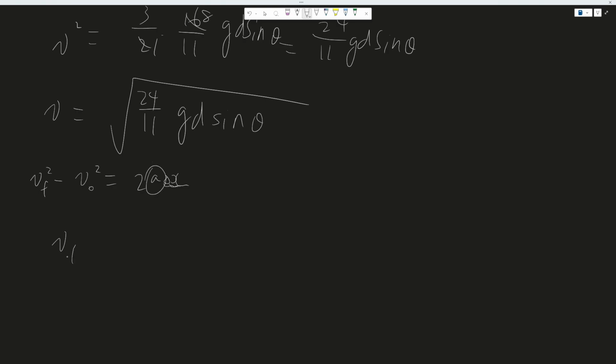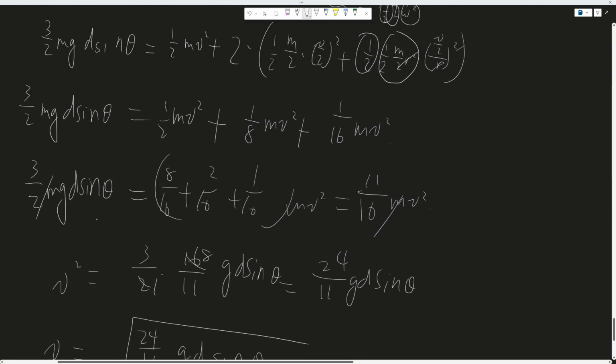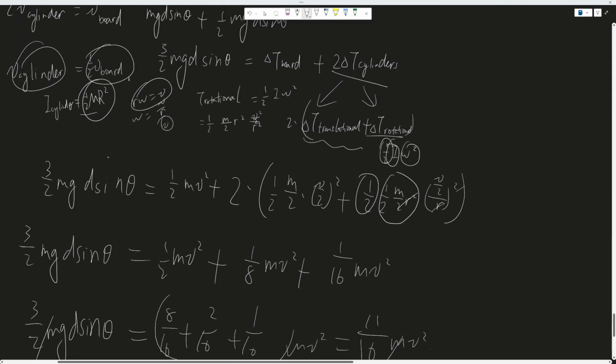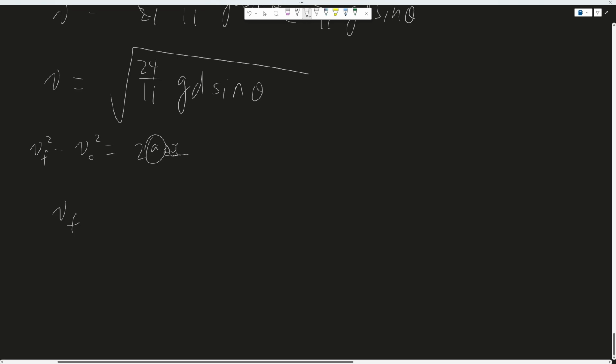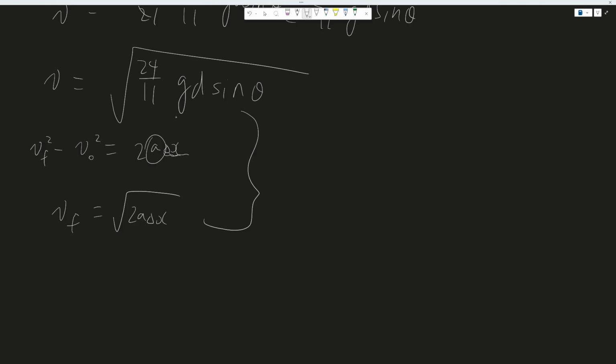V0 is 0 in this case because we assumed that there was no initial velocity. And so we have vf equals the square root of 2a delta x. And now let's correspond these two terms. Well, let's cancel out a 2 first.